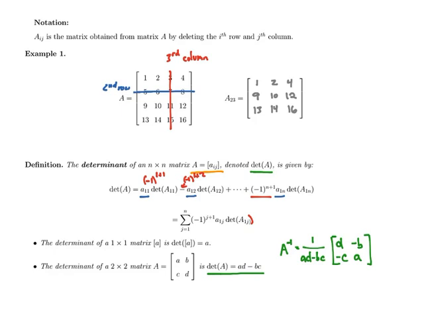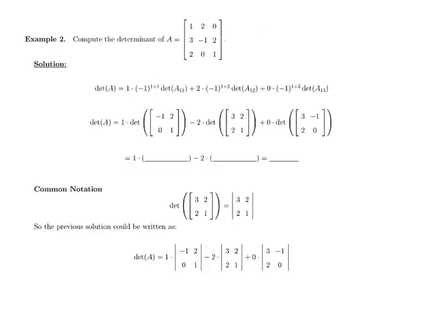And maybe this is some motivation as to why we're using this AD minus BC and this determinant. The purpose of this section and this exercise is to really understand how to calculate this determinant, to understand this definition, and we're going to look at a lot of examples in order to do that.